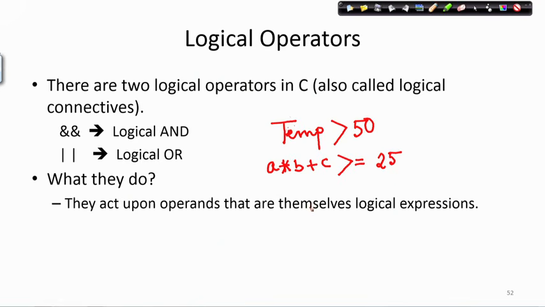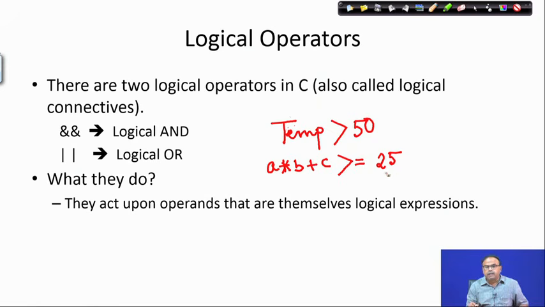On the left hand side I have an arithmetic expression, and on the right hand side I have a constant, and I am connecting them with a relational operator, greater than or equal to. If A times B plus C is greater than or equal to 25, then this will result in true.